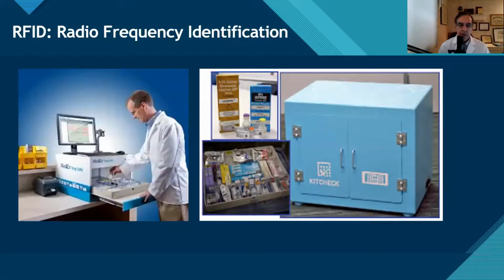Beyond barcode, we also use RFID. This is radio frequency identification. What we can do is tag medications with a little radio transponder. This transponder can be passive or active. So generally in the pharmacy or on the patient's wristband, this technology has been used to scan the patient.